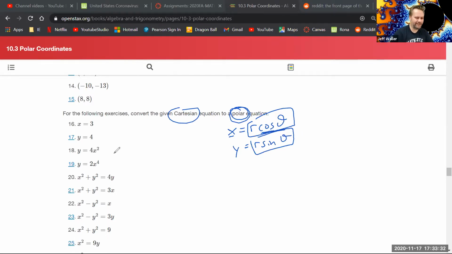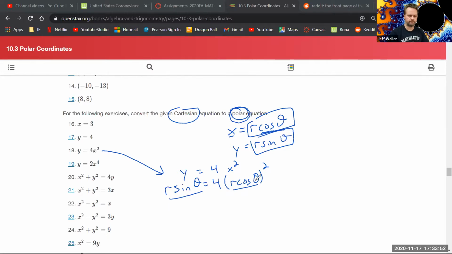All right, well, watch. So if I replace Y with R sine theta, and then I replace X with R cosine theta. Is everybody cool there? Because it was Y equals 4X squared. And then I can do a little tiny bit.